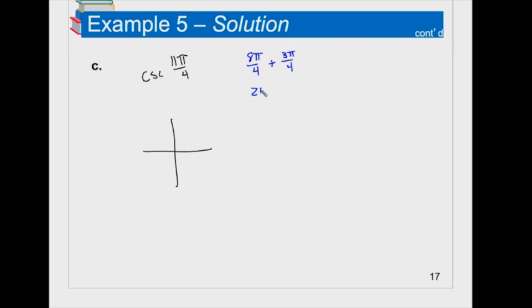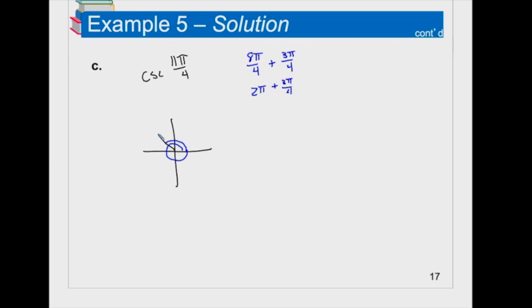That way, this is 2 pi, that's the full rotation, plus 3 pi over 4. So I know that this is going to go all the way around, one full rotation, and then I'm going to add 3 pi over 4, which basically is going to go to about there.